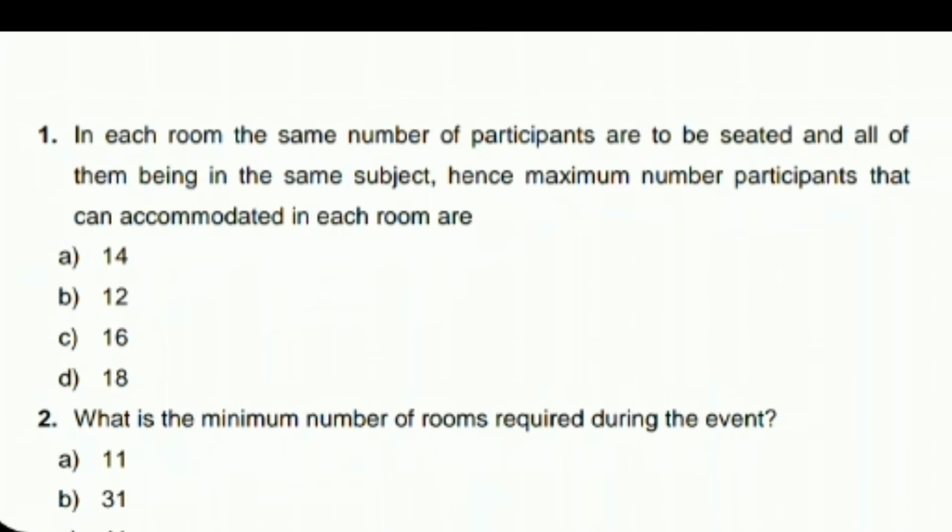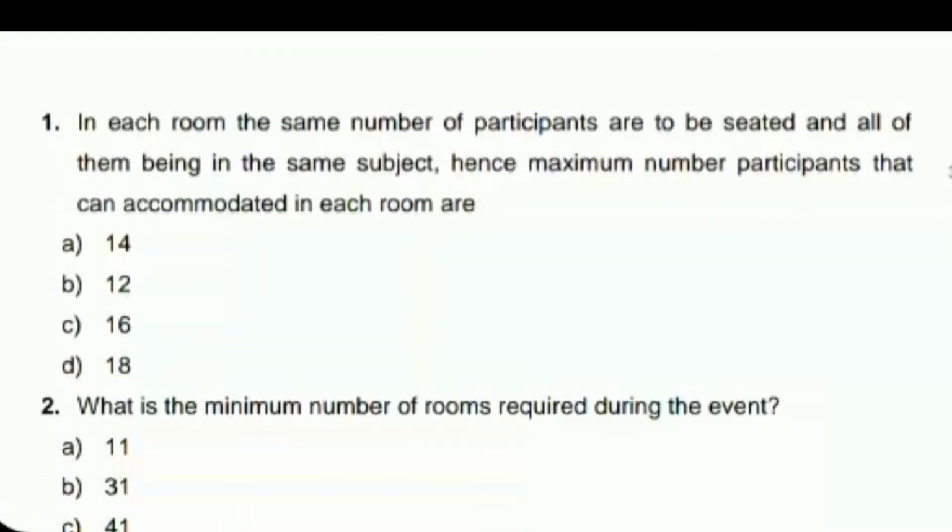You need to find out how many participants can sit in a room such that in each room an equal number of participants are there. Also, all of them belong to the same subject. Means you have to find such a number which is going to be a common factor of all the three numbers given in the question. All the three: Hindi, English and mathematics.